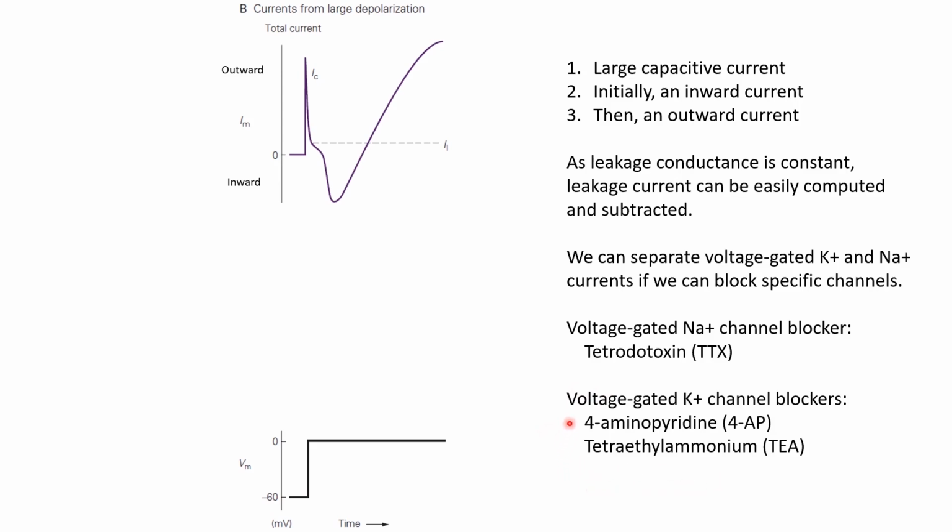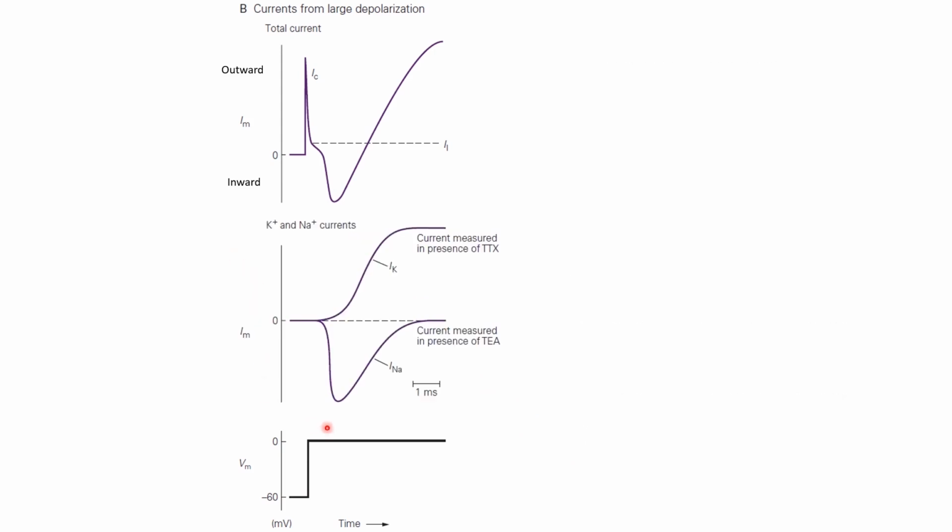Either of them can be used to block the voltage-gated potassium channels. So if we repeat the same experiment in the presence of either tetrodotoxin or one of these two chemicals, then we will be able to see what component of this current is caused by sodium and what component is caused by potassium. And this is what we get.